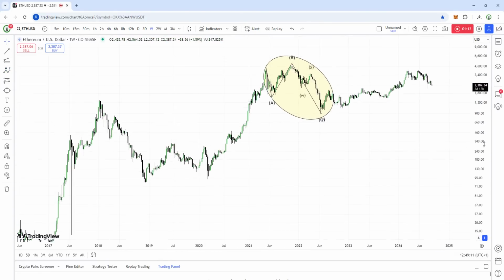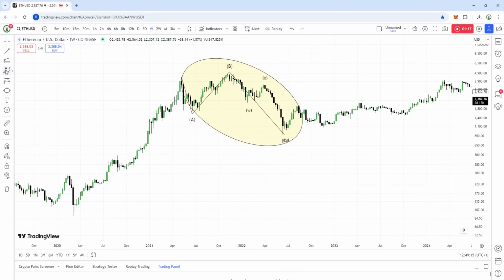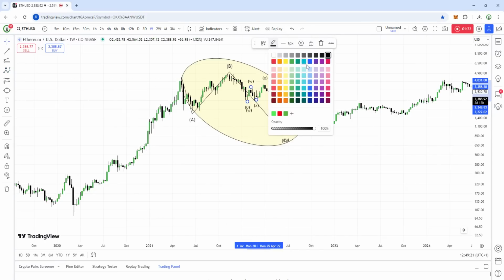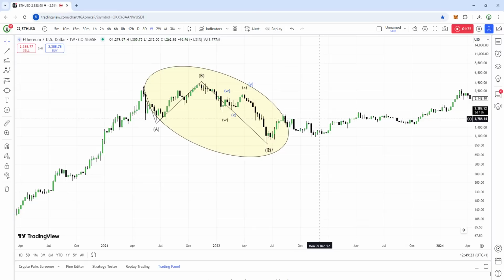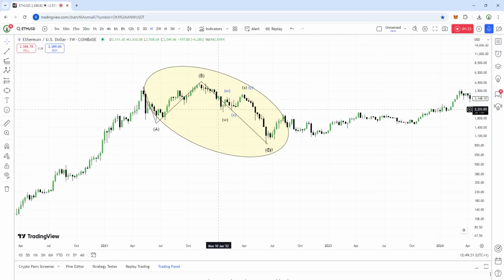If we zoom in, we can see that this was also a WXY. So this corrective phase here, you could say this is an ABC, WXY, whatever, it doesn't really matter. But there's a three-leg structure in here.